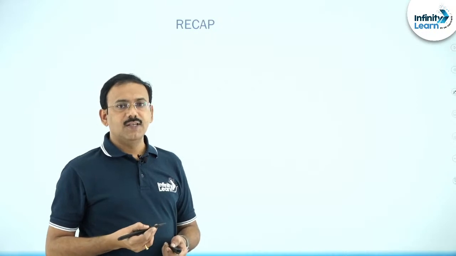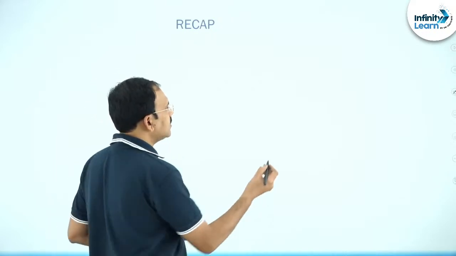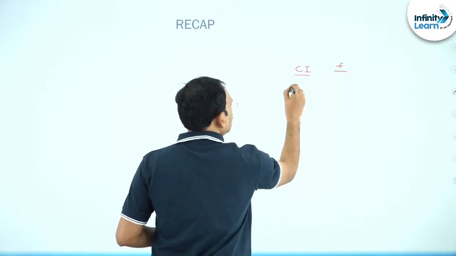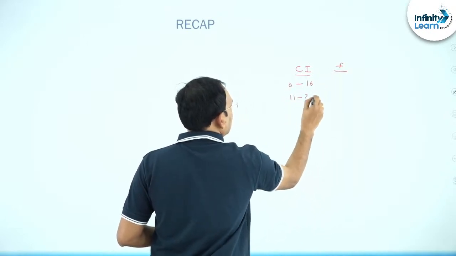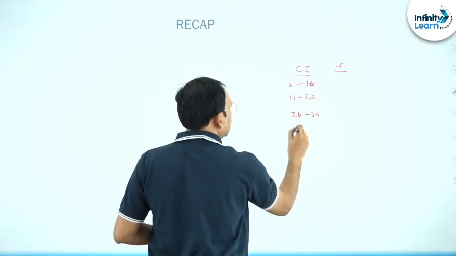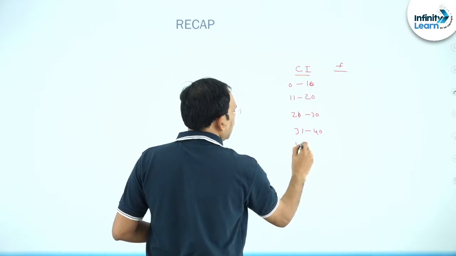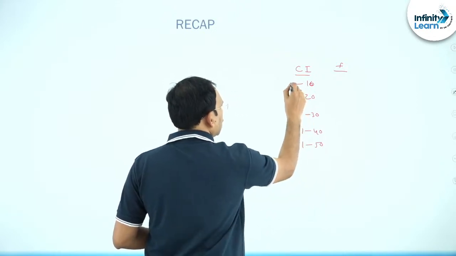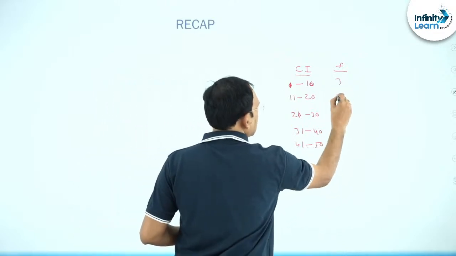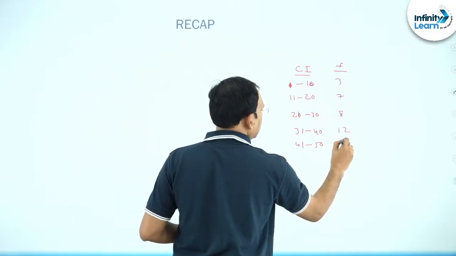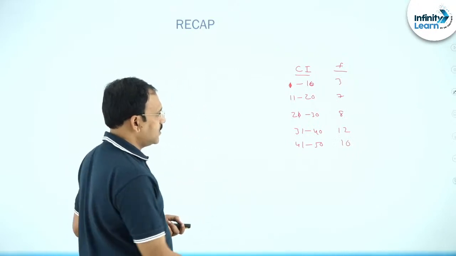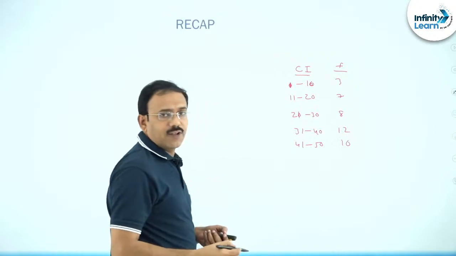Suppose you are given a series with class intervals 0 to 10, 11 to 20, 21 to 30, 31 to 40, 41 to 50; you can also make it 1 to 10. Frequencies you can take as 3, 7, 8, 12, 10. Where is the highest frequency? Here is the highest frequency, 12.